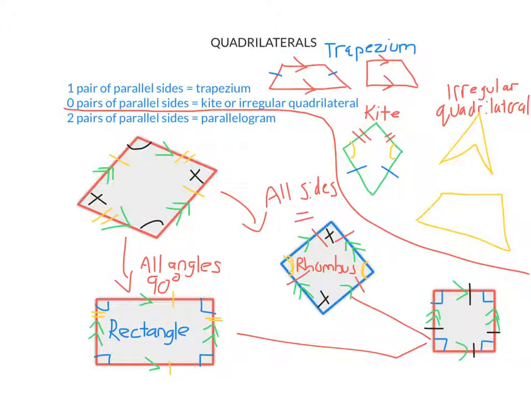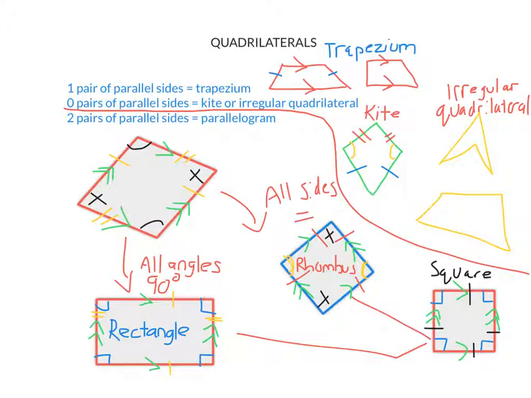So a shape that is both a rhombus and a rectangle is a square. So a square is a type of rhombus, a square is a type of rectangle, and it's also a type of parallelogram. So you need to know these definitions to be able to determine, when you're given a quadrilateral, what type of quadrilateral it is.